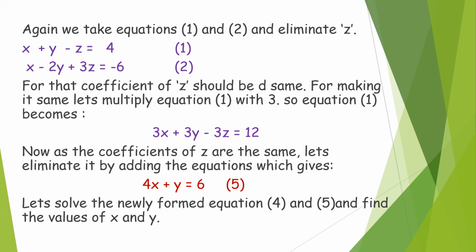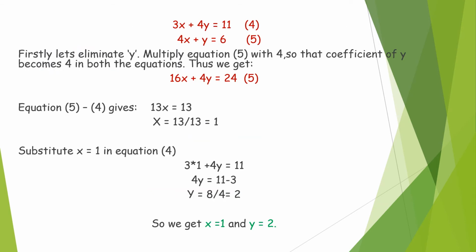So now we are having 2 equations with 2 unknowns, that is the fourth equation and the fifth equation. Now let us take the fourth equation and the fifth equation, solve them and find the values of x and y. In these two equations, the coefficients of x and y are not the same.